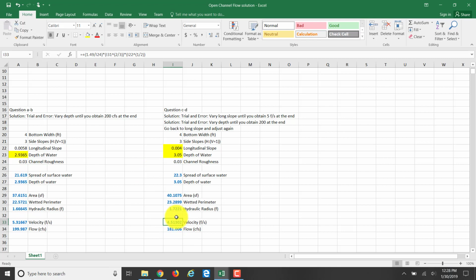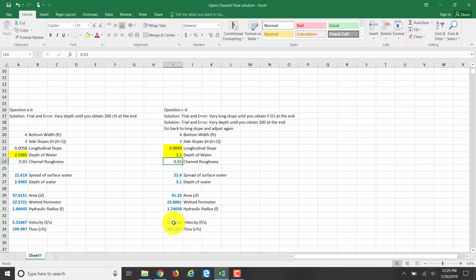Now I still have my velocity and volumetric flow. So what I did is I just played around with it till I came up with 0049, which gives my flow down over here.